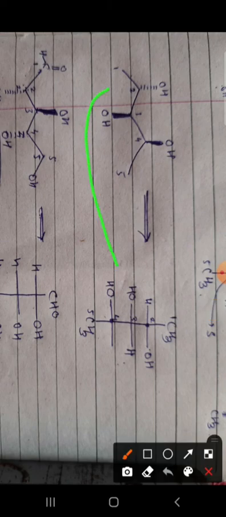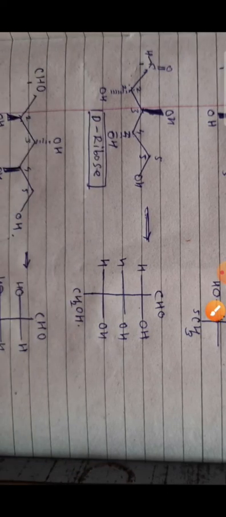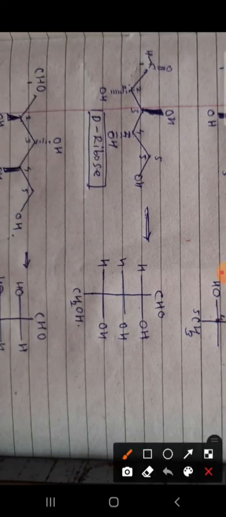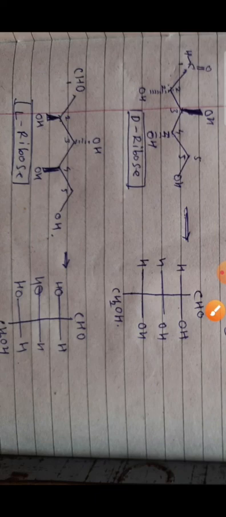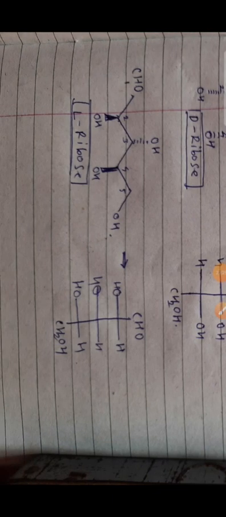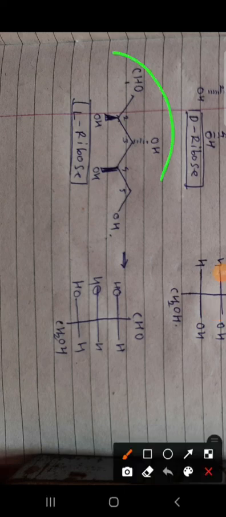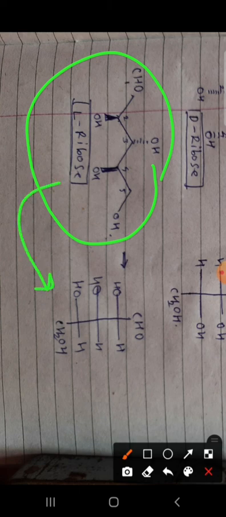So this molecule's Fischer projection is like this. This is R ribose, which we have already discussed. This Fischer projection is like this, and the D ribose has its enantiomer. Enantiomer, what? Mirror image, a non-superimposable mirror image, and its Fischer projection is like this.